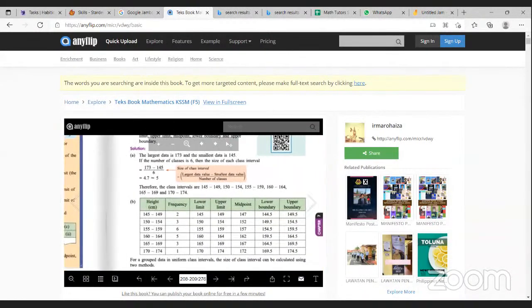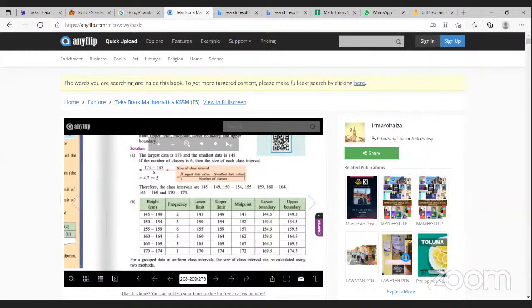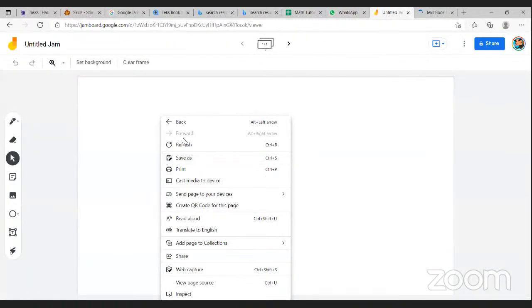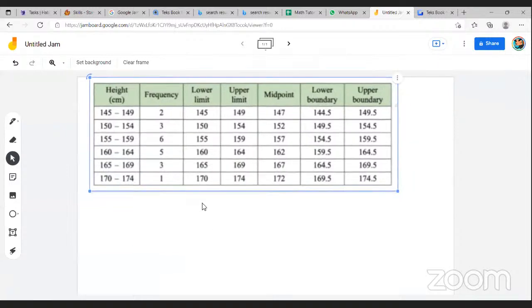If we have this whole thing and we want to construct a histogram from it, then we'll have to take this onto a graph paper. Give me a moment, I'll pull this on here.